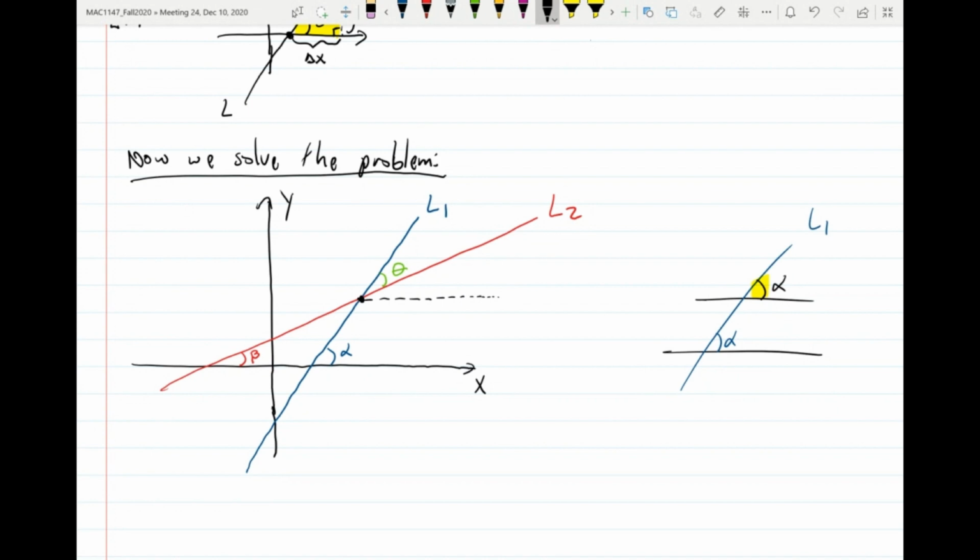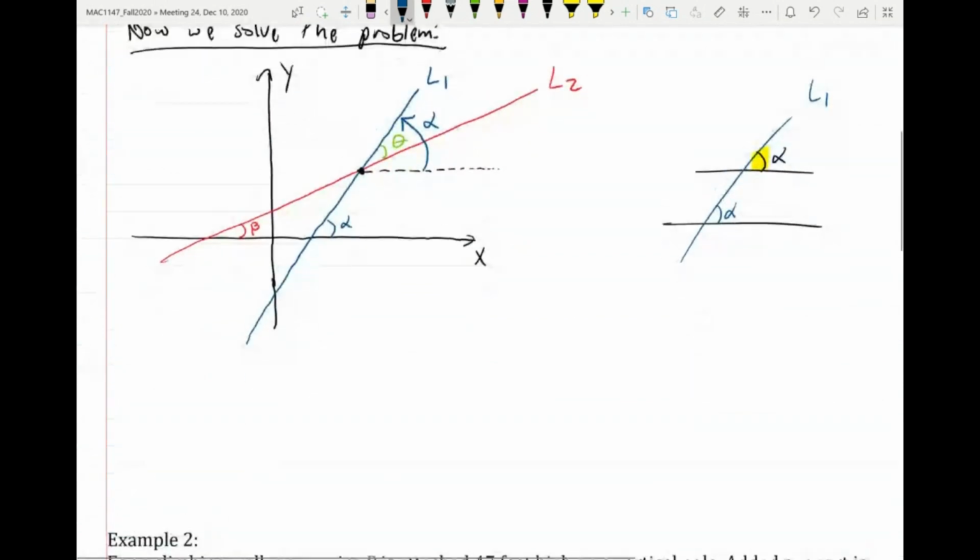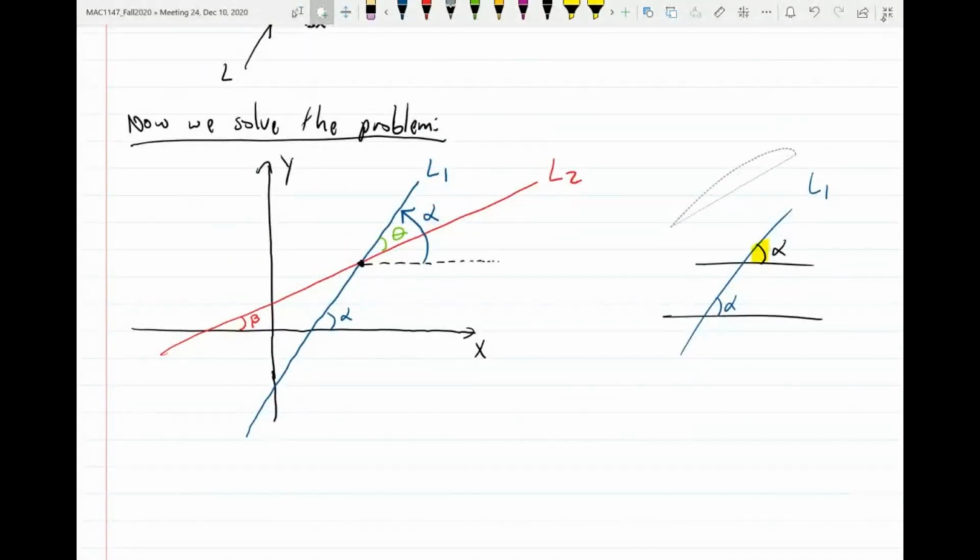So back in our picture, that means this one up here is alpha as well. Everybody okay with this so far? Because that's the corresponding one to the alpha that we have down at the x-axis. You okay with this? All right, perfect. So let me keep these.